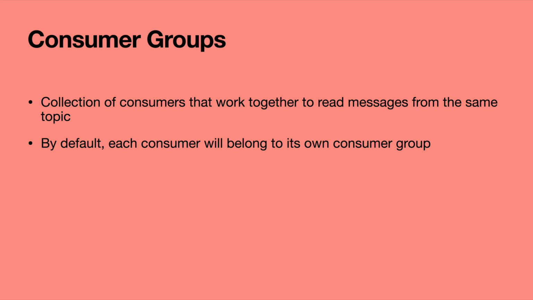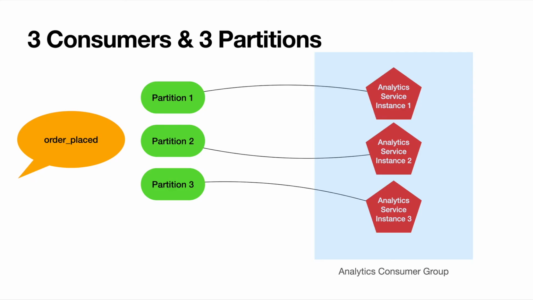That's where the concept of consumer groups comes in. A consumer group is a collection of consumers that work together to read messages from the same topic. By default, each consumer will belong to its own consumer group. So let's look at an example to make the concept more tangible. You have 3 consumers to the right over here, and let's say you explicitly mention that all 3 belong to the same consumer group.